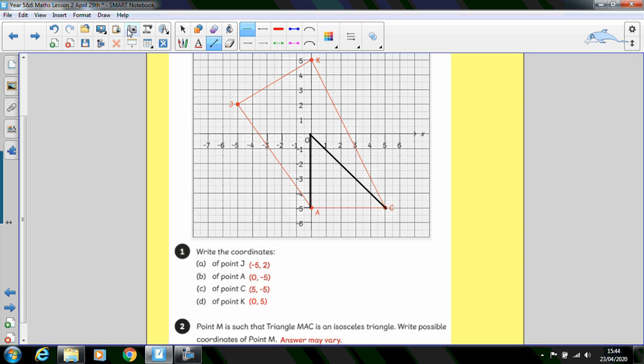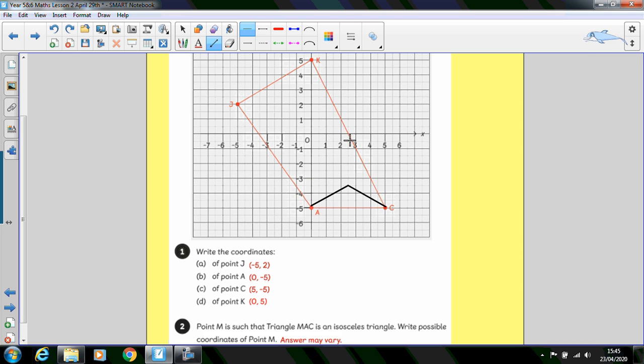But there are other ways that you could have an answer for that. If I just press the undo button, we'll be able to see some other places. Now, one thing you could do is to have this side as the one that's not the equal length, but the 2 here. So you could have, in effect, the sides from A to M, M being here, and C to M being the same length. So we've got this side and this side are equal lengths. And that could be all the way up here.